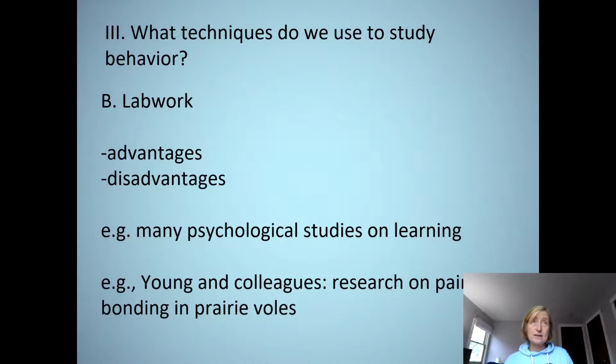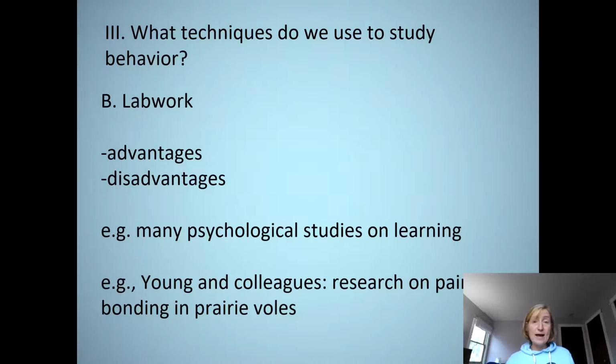When I was doing my graduate work, I did laboratory work looking at how three-spine stickleback could use cues to predict when a mate was coming or predict when a rival was coming. And this was clearly a learning study, typical of psychological studies, done in the laboratory in a very controlled way.